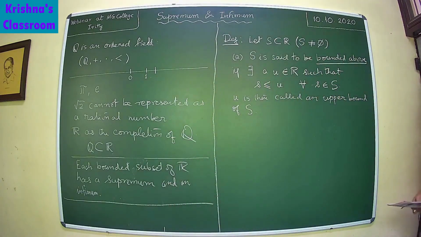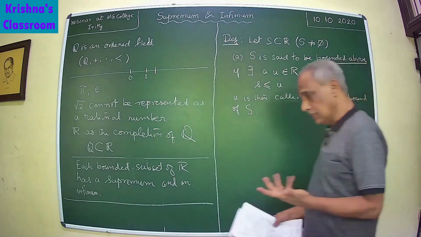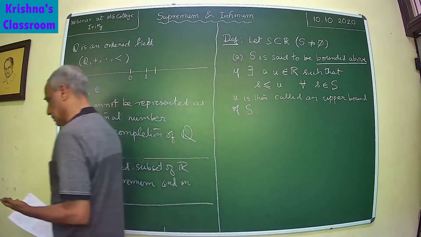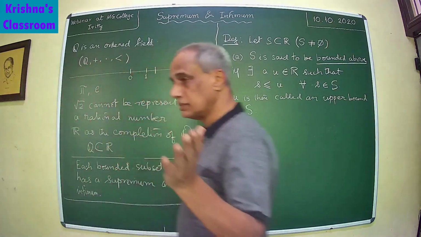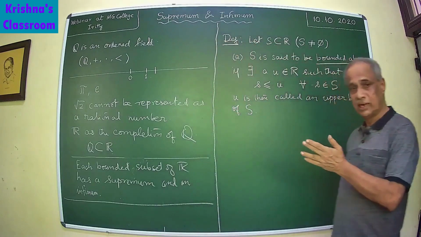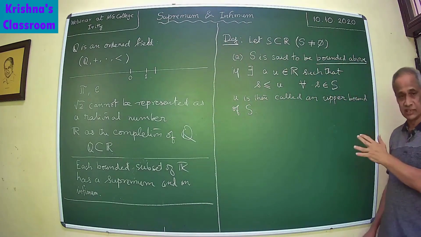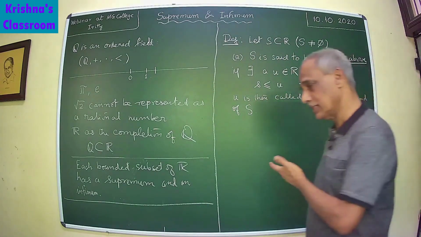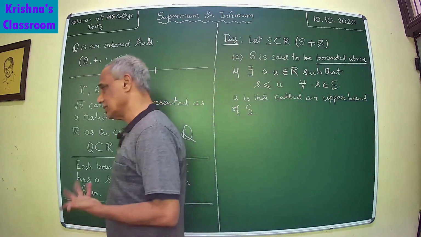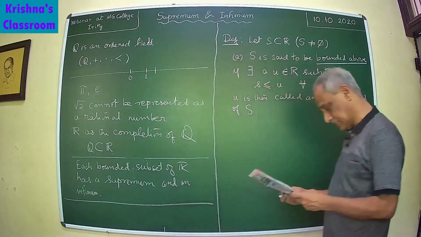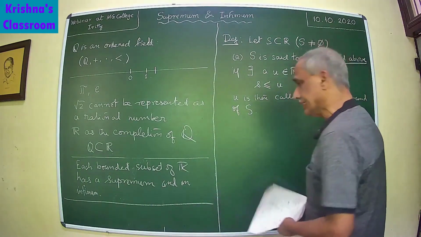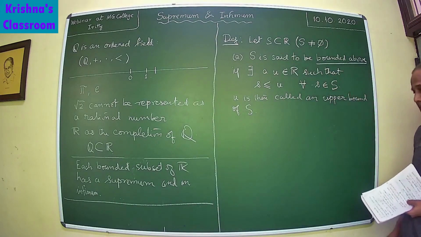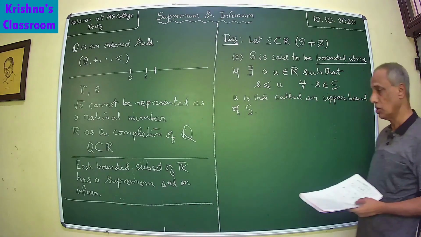Now what we have is, if you consider R, there are bounded sets as well as unbounded sets. Sets which are bounded above, sets which are not bounded above. For instance, if you take the set of natural numbers, it is not bounded above.